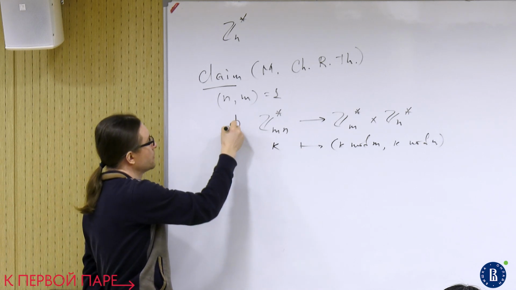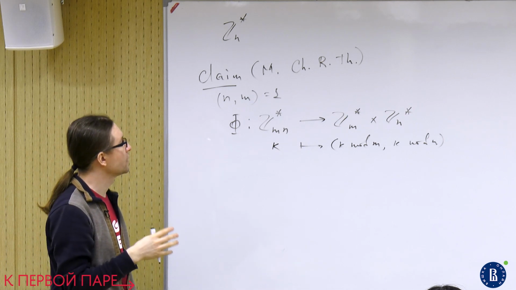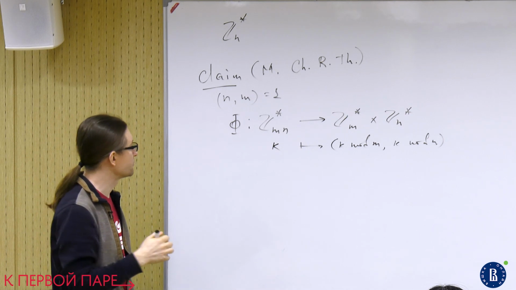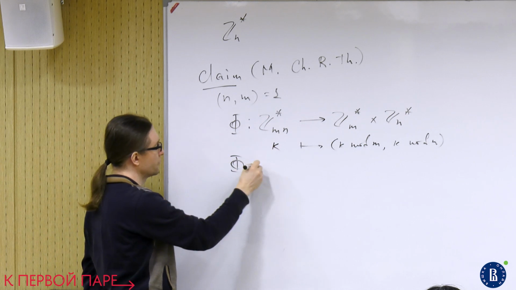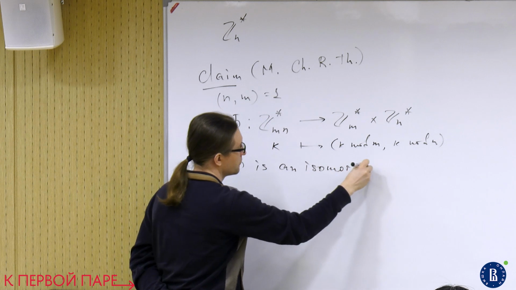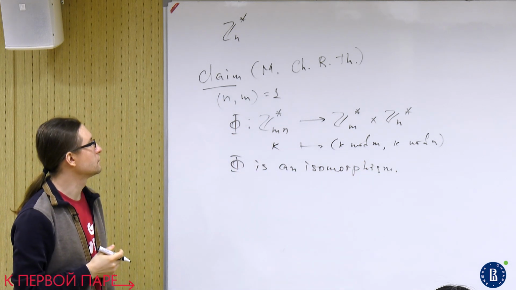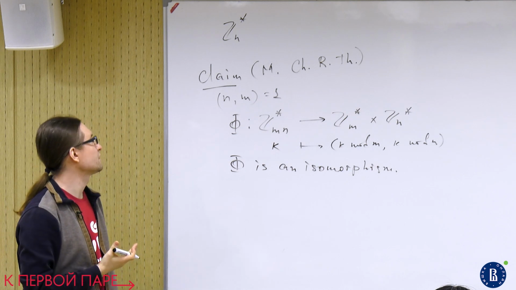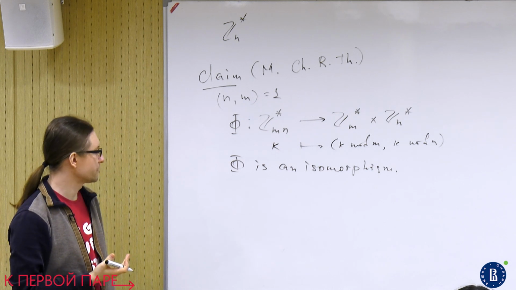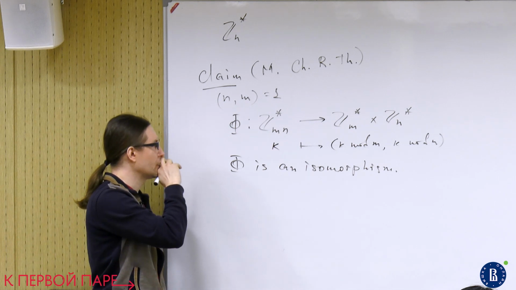And the claim says that this map is also an isomorphism of groups. So this is the multiplicative version of the Chinese remainder theorem.